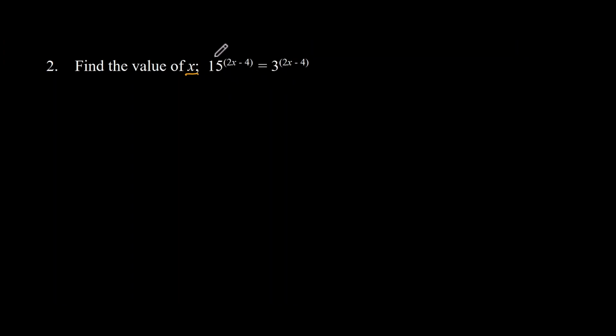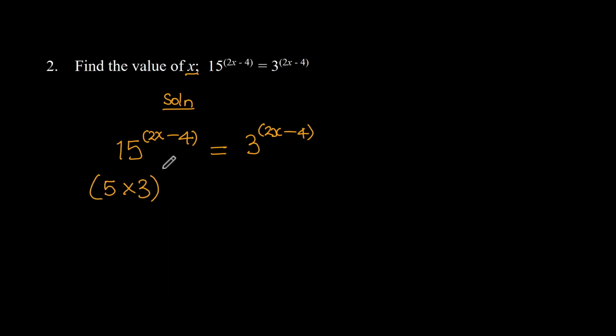Therefore, we need to think of writing 15 in terms of 3, since we have 3 from the right hand side. So let's write our question down here first, and we have 15 exponent 2x minus 4 equals 3 exponent 2x minus 4. Now let's write 15 in terms of 5 and 3. So 5 times 3, we obtain back 15, and we have it as 2x minus 4 equals 3 exponent 2x minus 4.